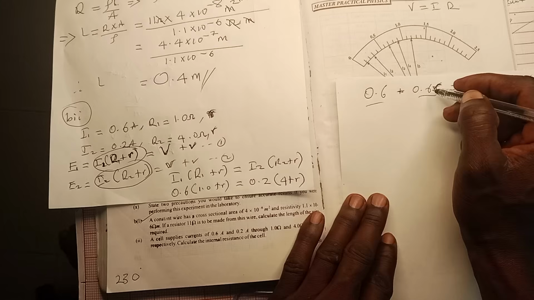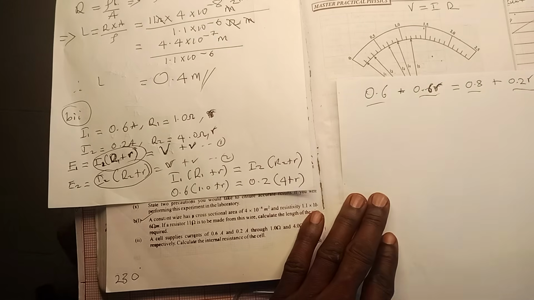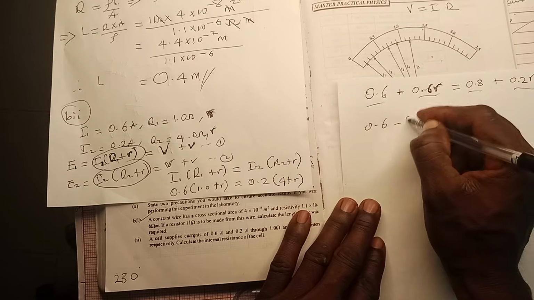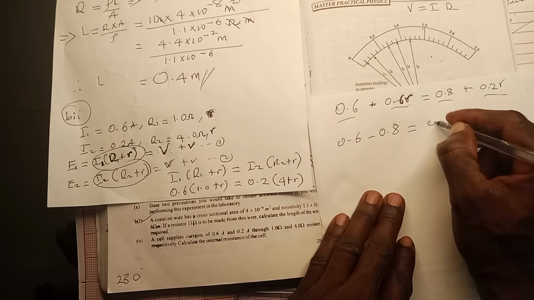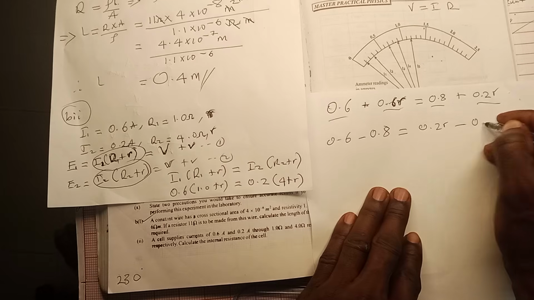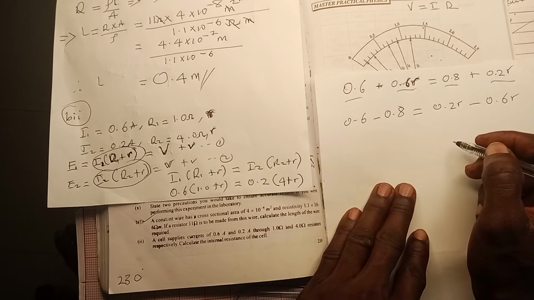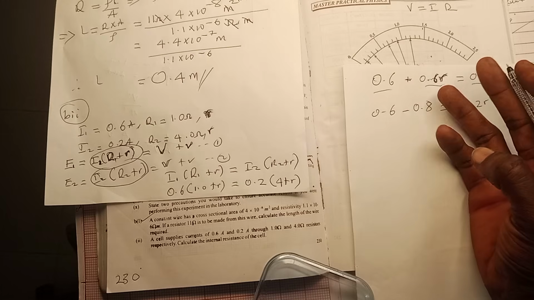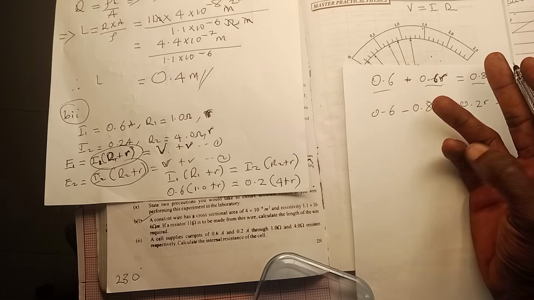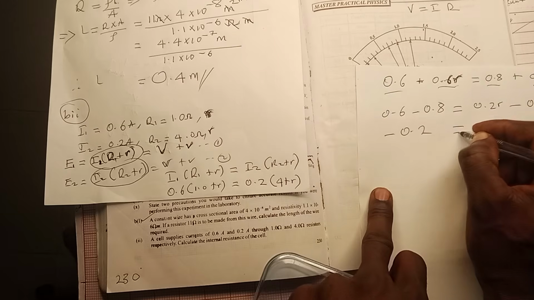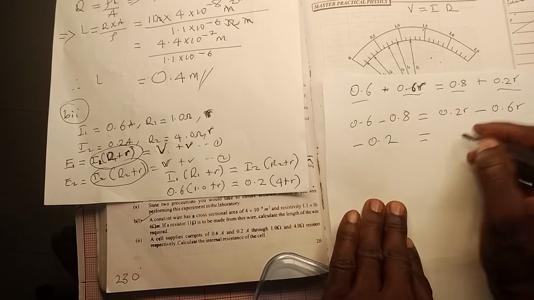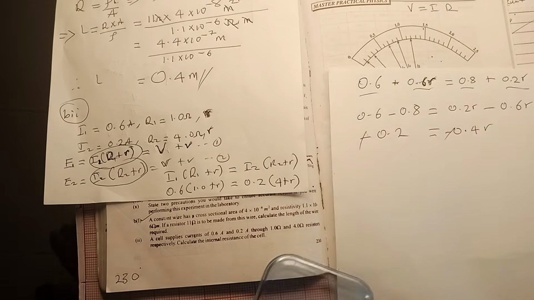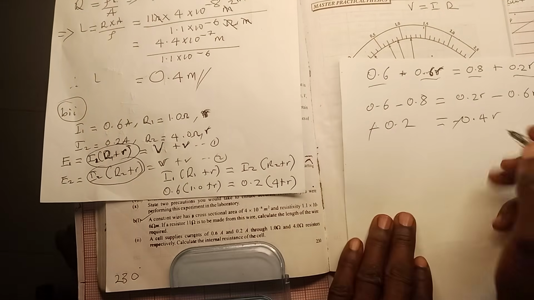You collect like terms. So we have 0.6 minus 0.8 is equal to 0.2 R minus 0.6 R. So we have minus 0.2 is equal to minus 0.4 R. This cancels this.